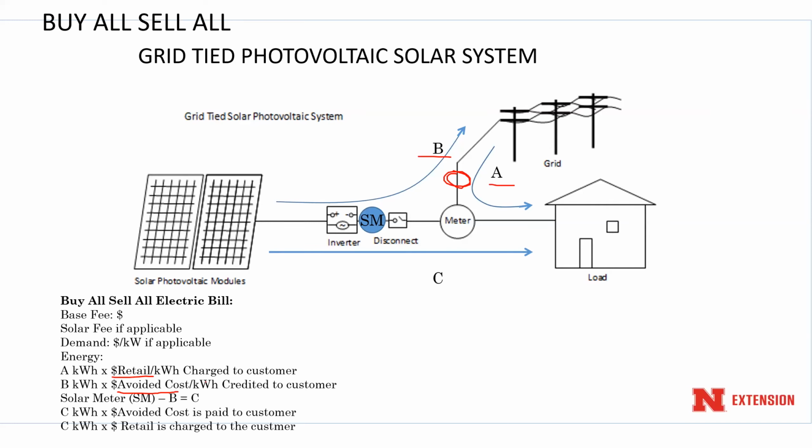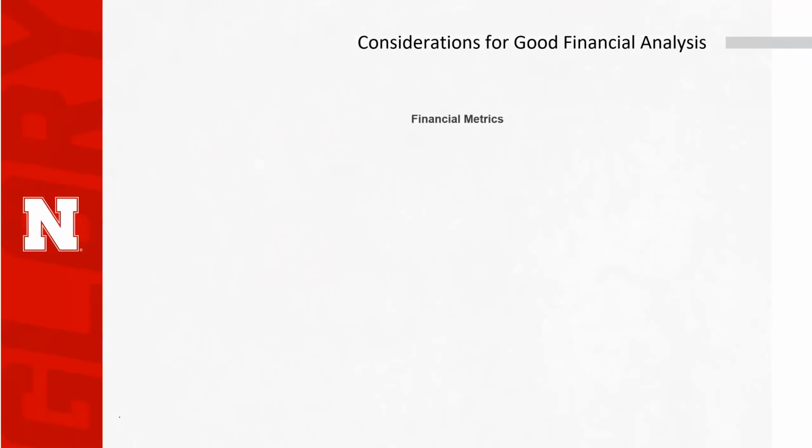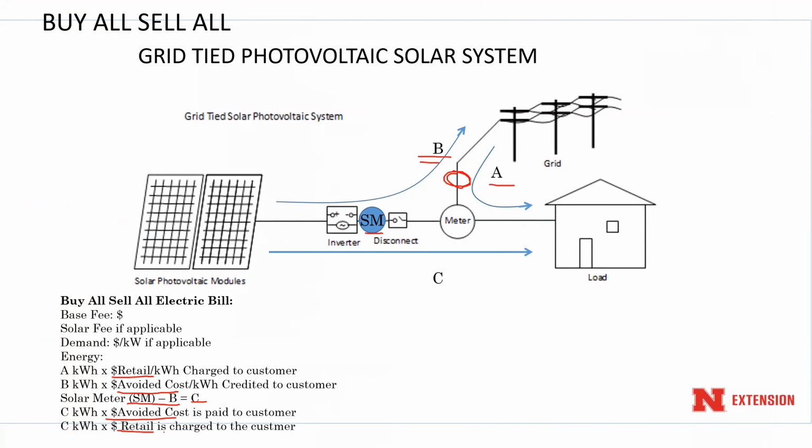And so in this case, they're going to take that solar meter and subtract B. So it's the solar meter total minus the B total, which gives me C. Then they're going to buy that C, even though it never went out to the grid, it just got used instantaneously in the home. They're going to buy that C at avoided cost. And then they're going to sell it back to the customer at retail cost. And so that's what the buy all, sell all is.